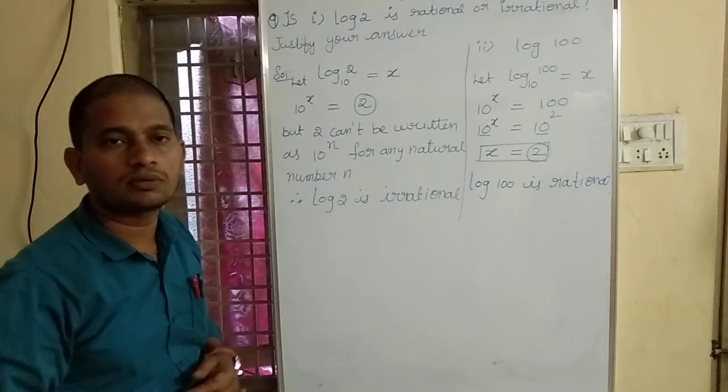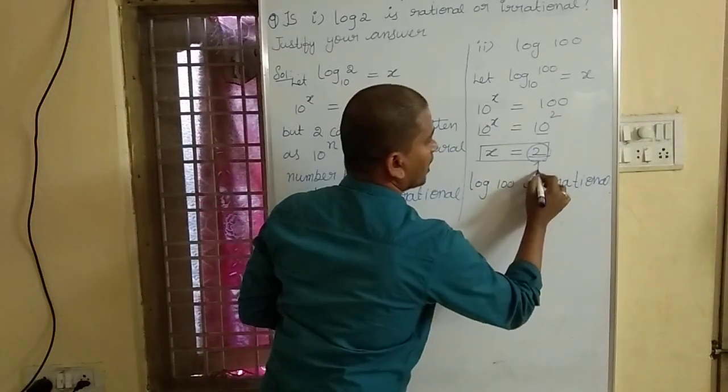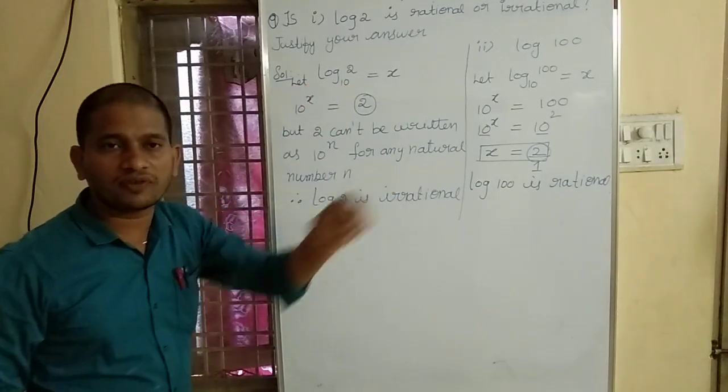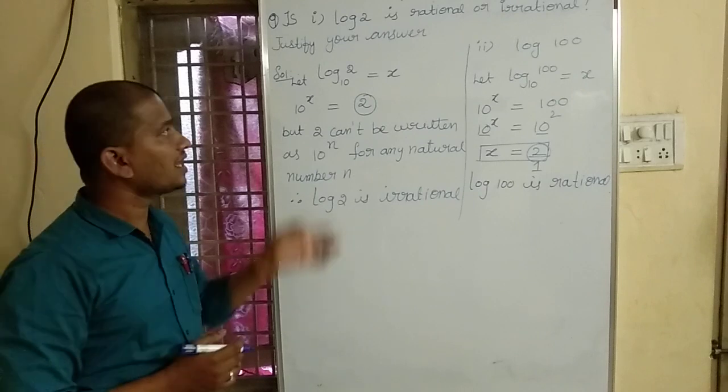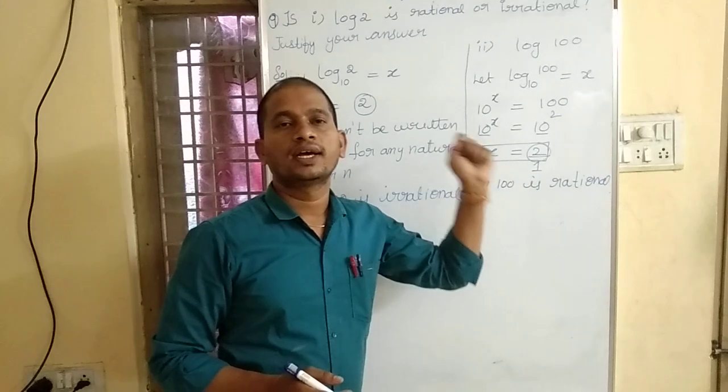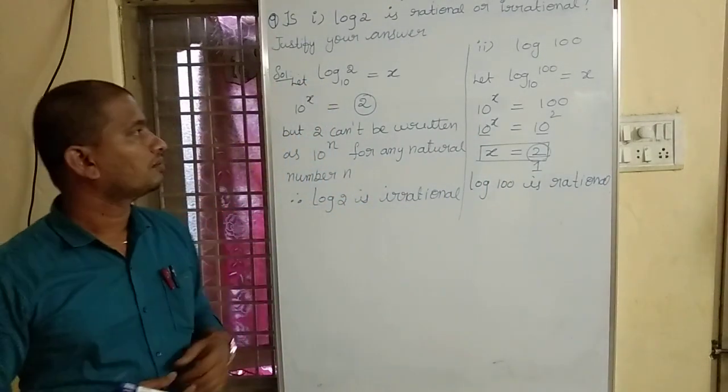It is a rational. 2 I can write as 2 by 1. But I can't write 2 as 10 to the power of n. That's why log 2 is irrational and log 100 is rational.